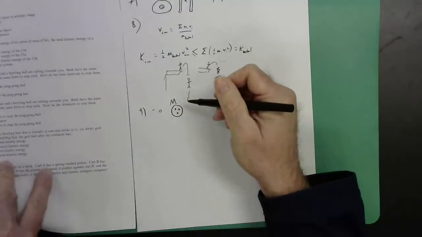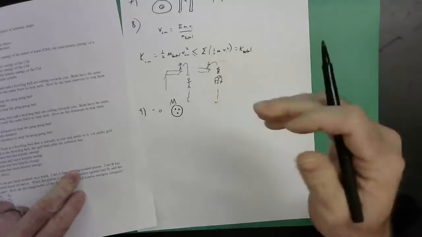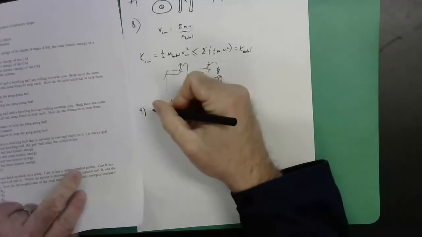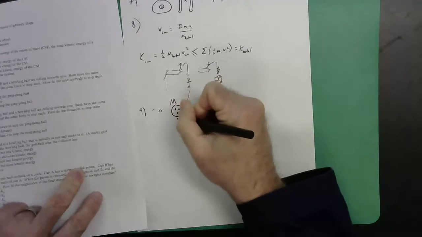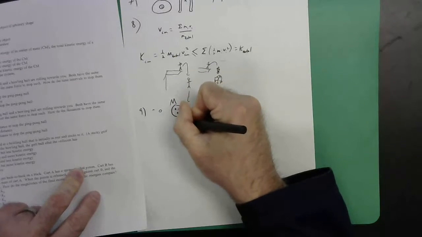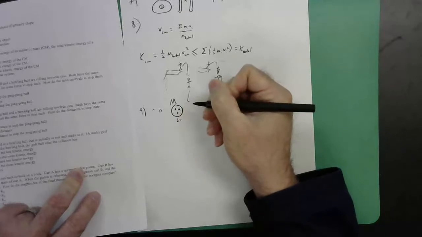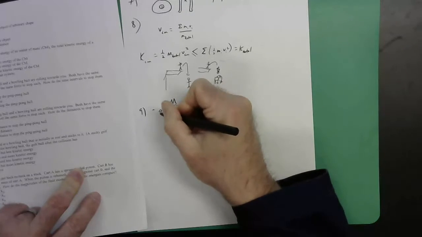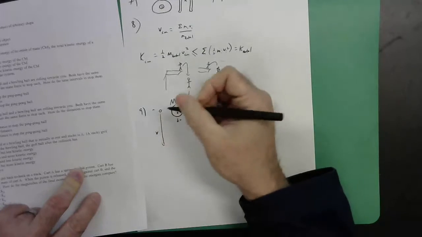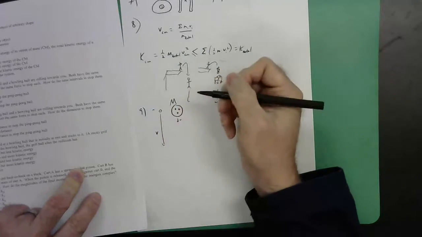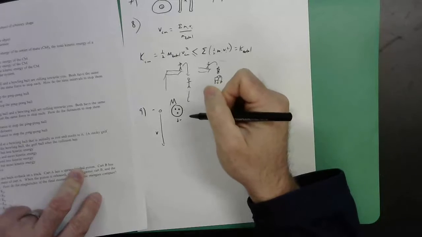Now, we're told that they both have the same momentum, which means that m times v for this equals m times v for this. So the bowling ball with a huge mass might have a small velocity, and the ping pong ball must have a way bigger velocity, so that this mv is the same as this mv. Same momentum.